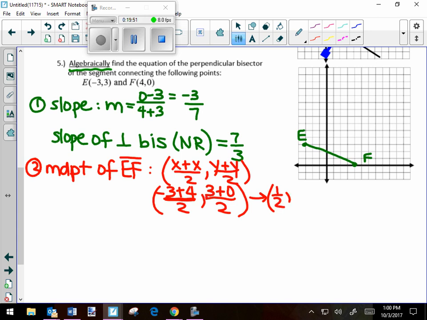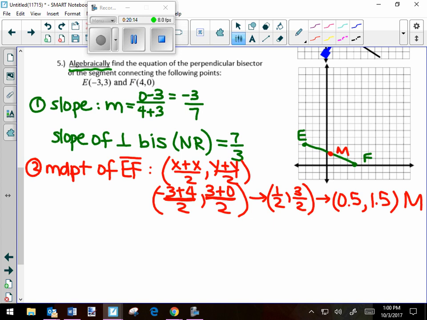And then 3 plus 0 divided by 2 is 3 halves. Because we're graphing this, you may want to convert those to the nice decimals that they are. So 0.5, 1.5 means our midpoint is going to be about here. So this point is our midpoint on our segment.